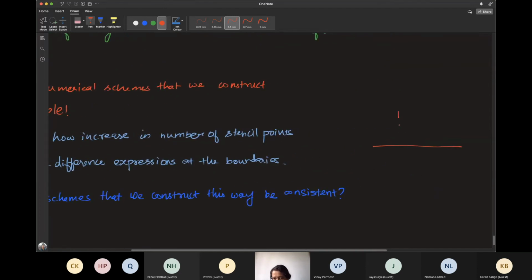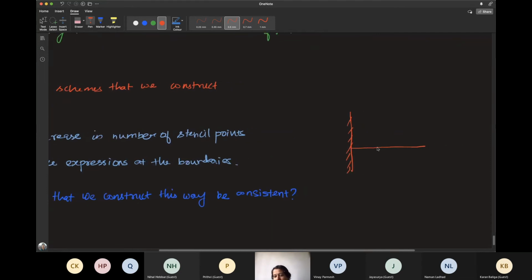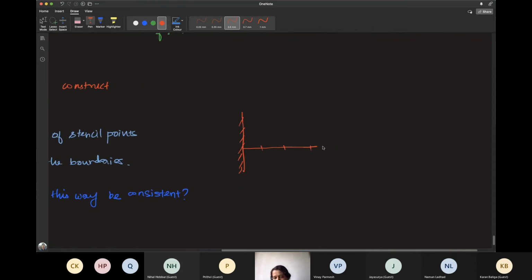Suppose this is your boundary, and you have some points over here, and there are some interior points. Suppose you are considering only I minus 1 and I minus 2. You are considering only 3 points.